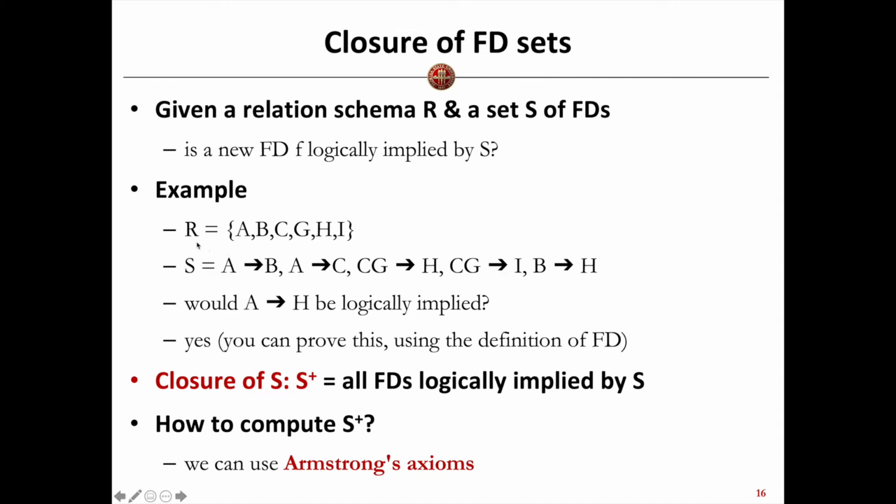Let's assume we have a relation R. This R has a bunch of attributes A, B, C, G, H, I, and we have a bunch of existing FDs.